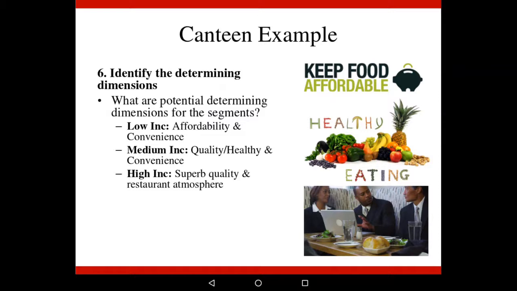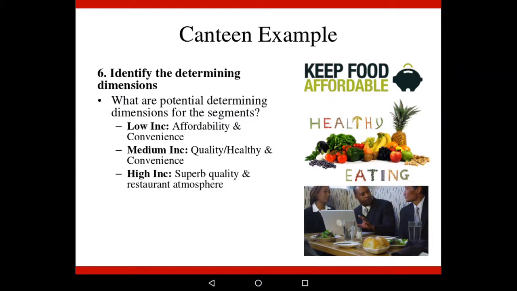And okay, although we haven't chosen the high income group as one to target because it doesn't fit the four criteria, if there was a superb quality and restaurant atmosphere, that would be a determining dimension. If they had a nice atmosphere that they could sit at and have meetings at and chat over food, that would be one of the determining dimensions.